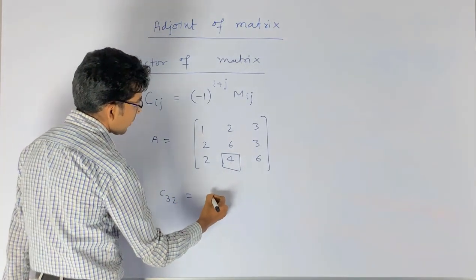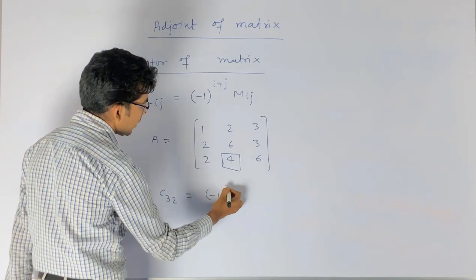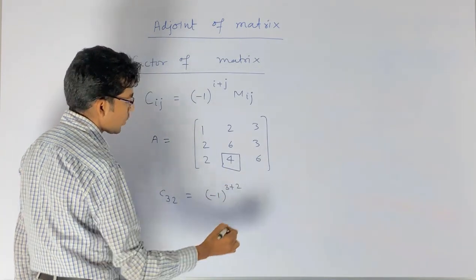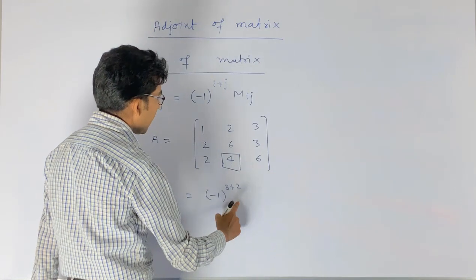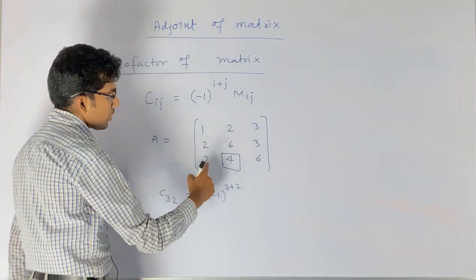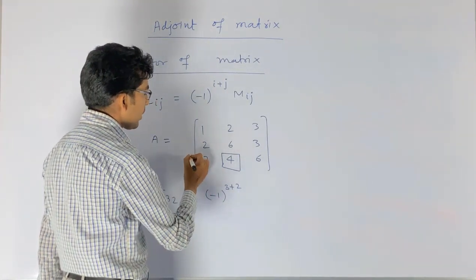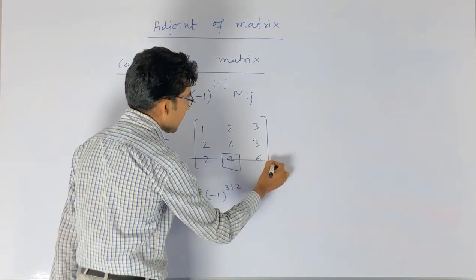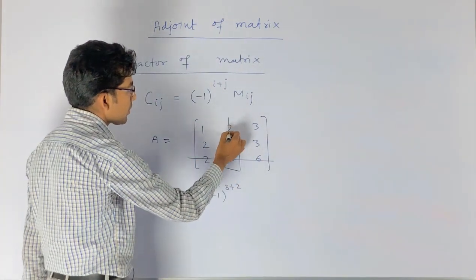So we will write minus 1 to the power 3 plus 2, and the minor we have to write. So we delete this row and this column.